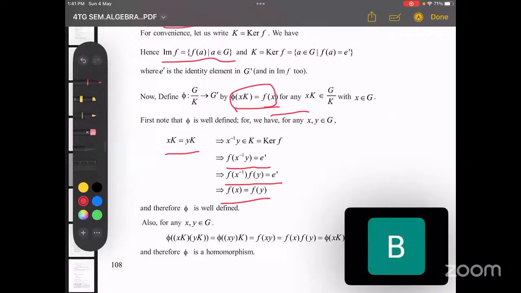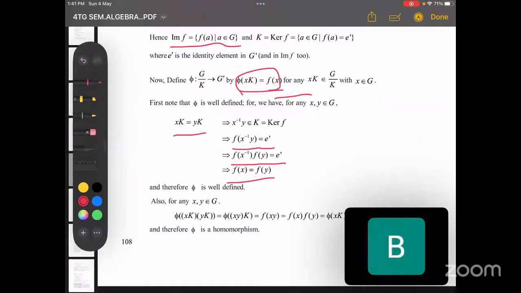For homomorphism we know that f of a star b equals f of a circle f of b. Two operations will be there, one star operation and one circle operation. With the help of these two operations, we will prove the homomorphism definition.